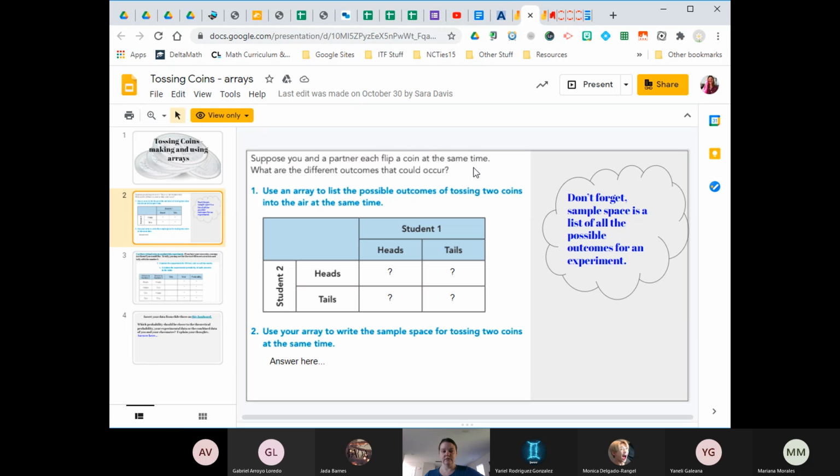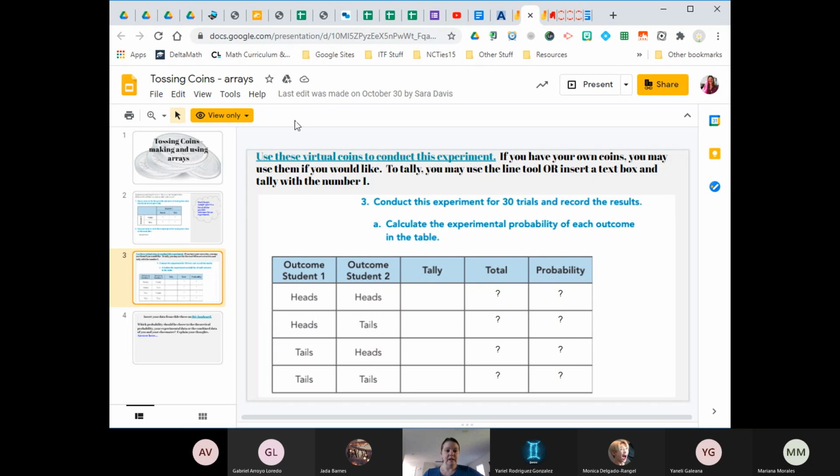So you and a partner are flipping a coin at the same time, and what are the different outcomes that could occur. So here's student 1, here's student 2, and you're just going to fill out the array. And then you're going to use what you wrote in the array to make your sample space. Remember, sample space is all of the possible outcomes. So everything that is written here is your sample space.